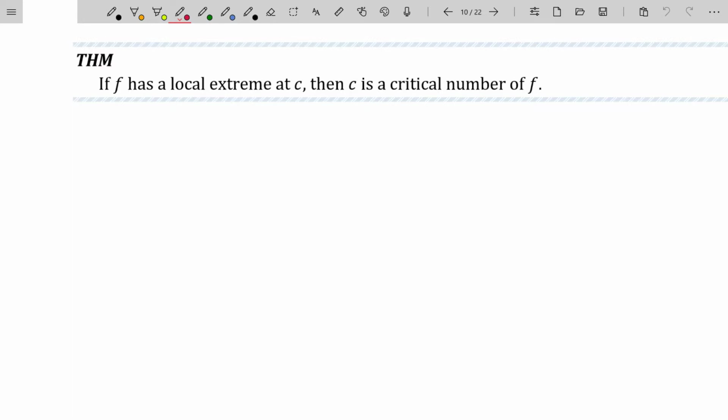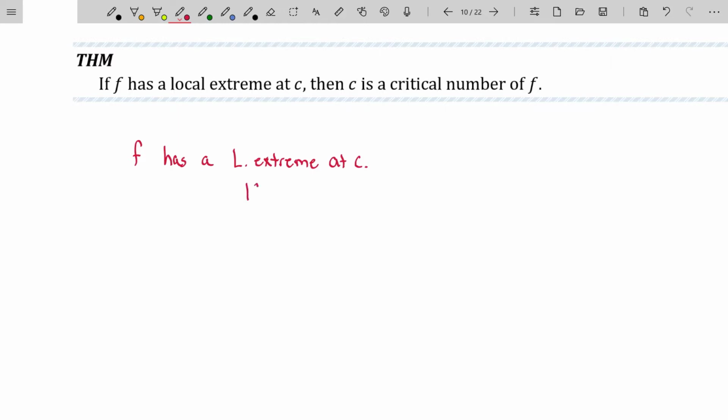This one's kind of a no-brainer, but if you have a function that has a local extreme, then c is a critical number of f. Let's talk about why that's true. Let's suppose that f has a local extreme at c. Let's just assume that, okay? Then it's pretty binary what's going to happen. Either f prime at c exists or it doesn't.